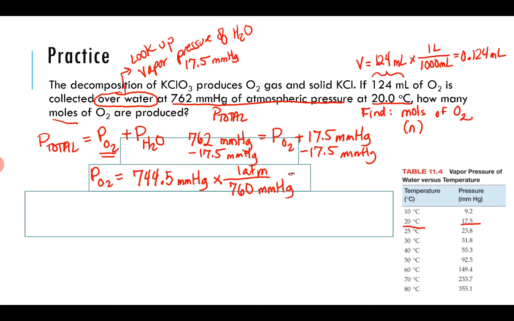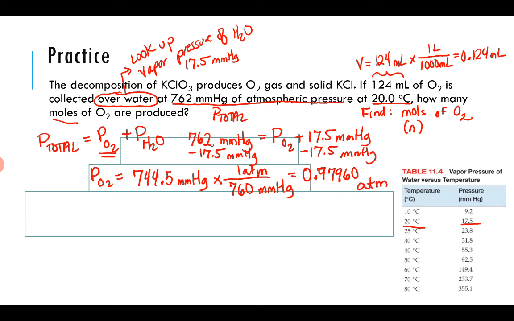If you have the yellow sheet, you can use the one that's in torr, and then you won't have to do this. You can do it both ways to prove to yourself that you'll get the same answer in the end. I'm keeping extra sig figs. So that was in atmospheres.